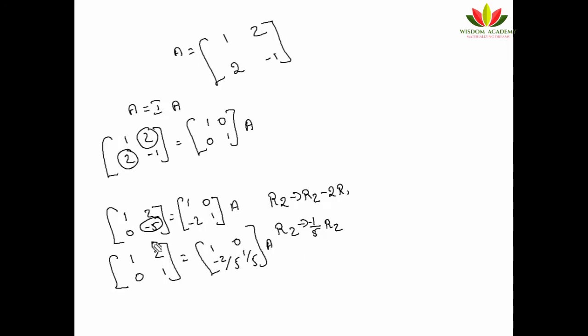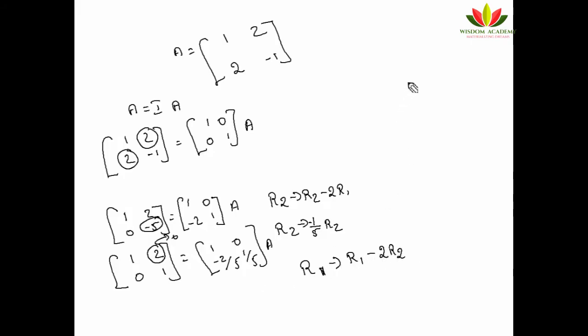Did you understand? Now the only mission that is waiting is we want to make this also 0. So to make it 0, I can multiply these two and write like this, right? R1 can be written as R1 minus 2R2. Shall I write like this?